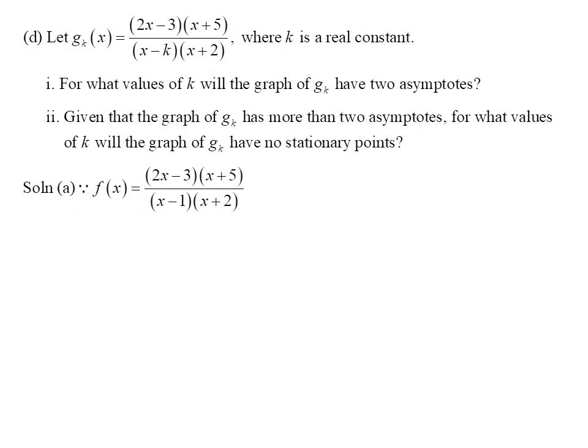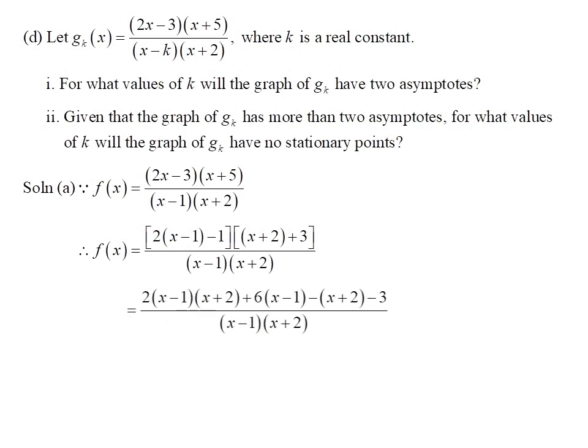Now, let's come back to part A of this question. According to the linear factors at the denominator of f of x, x minus 1 and x plus 2, the linear factors on the numerator can be written as 2 times x minus 1 minus 1, and x plus 2 plus 3. Then we expanded the numerator based on the linear factors x minus 1 and x plus 2.